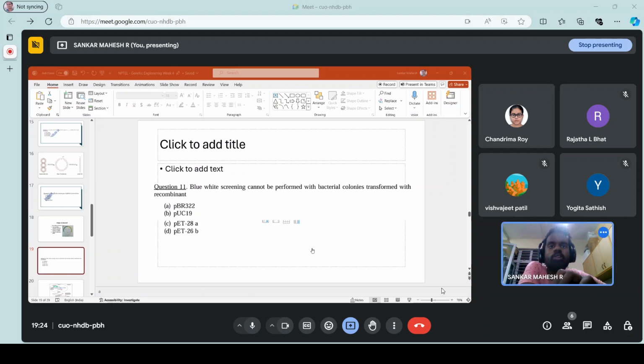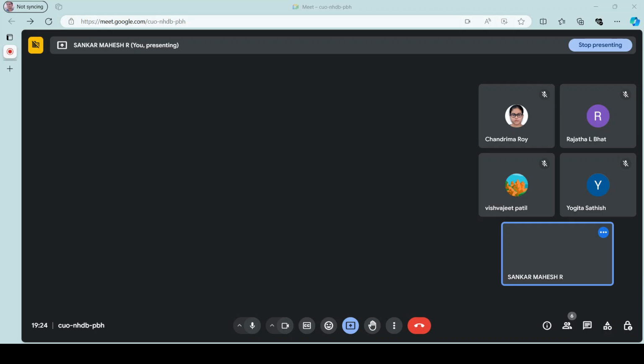True. Okay. You are right about this part, where you mentioned that we have these selection markers, but if the MCS or the restriction site is present within the selection marker, then the selection marker will not act. In those cases, we need to differentiate whatever colonies we get based on whether the DNA is within the cell or not, which is why we use this method.